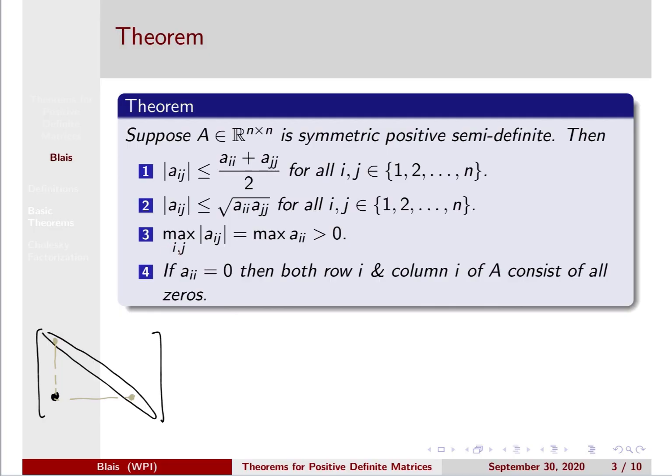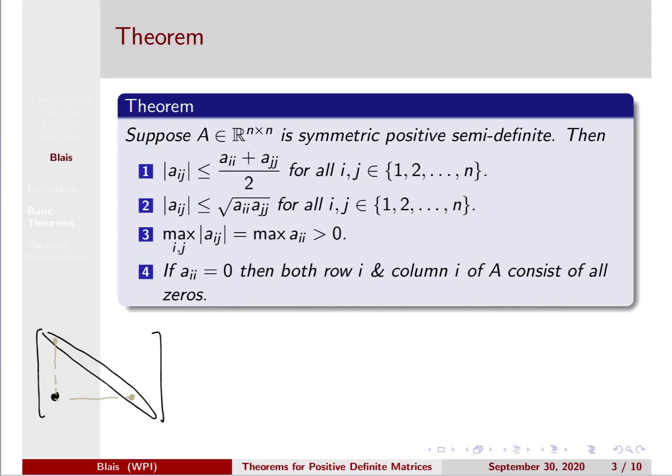And the maximum over all i and j of the absolute value of the matrix entries occurs on the diagonal. So the biggest value appears on the diagonal, which is positive. And finally, if you have a zero entry on the diagonal, then both row i and column i of A consist of all zeros.